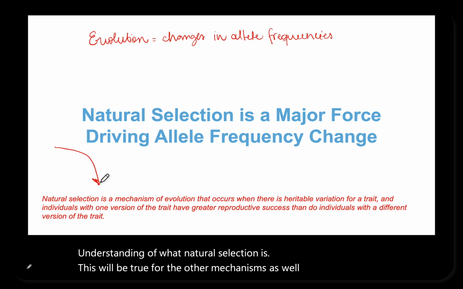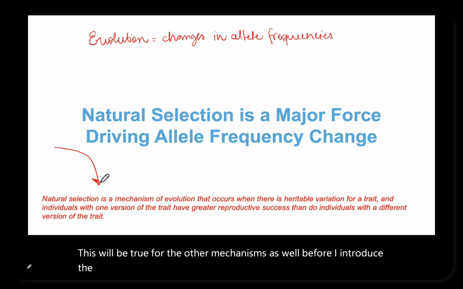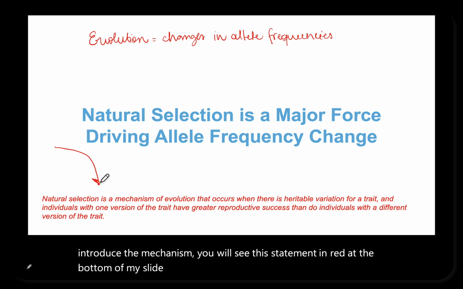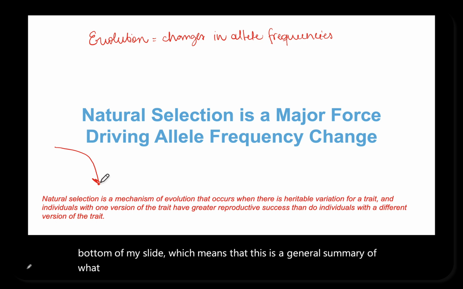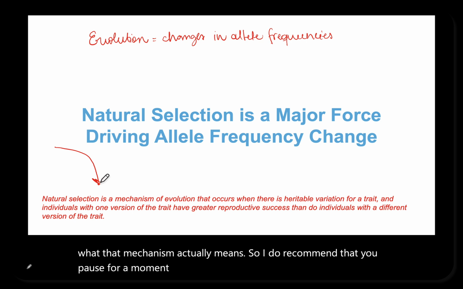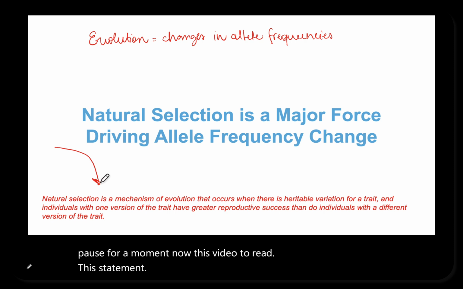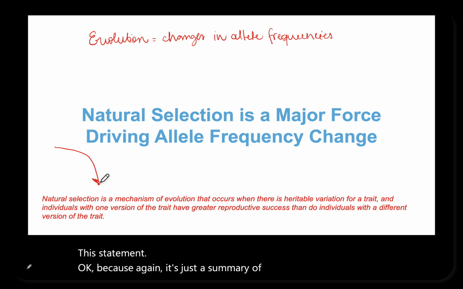Before I introduce the mechanism, you will see this statement in red at the bottom of my slide, which means that this is a general summary of what that mechanism actually means. So I do recommend that you pause this video for a moment now to read this statement. Okay? Because again, it's just a summary of what natural selection is.